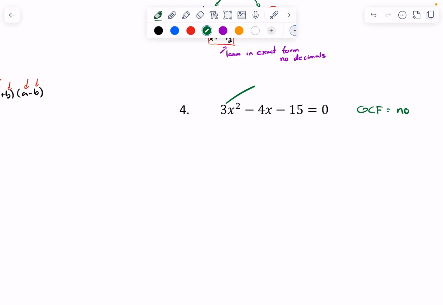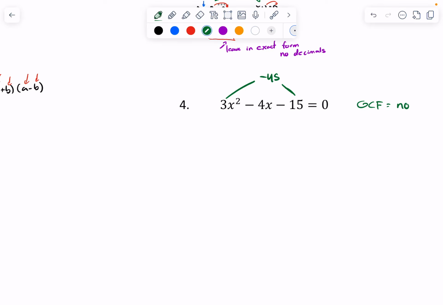So take 3, take 15, multiply them together, get minus 45. So you need two numbers that multiply to give you minus 45, and those same two numbers have to add up to give you minus 4. So pause again if you need to, but try and figure out what your multiples of 45 are that would add up to minus 4.